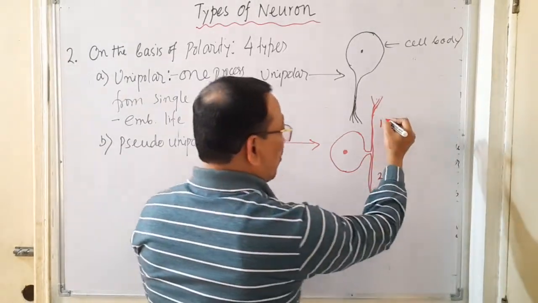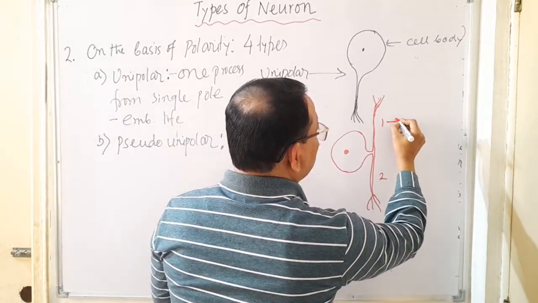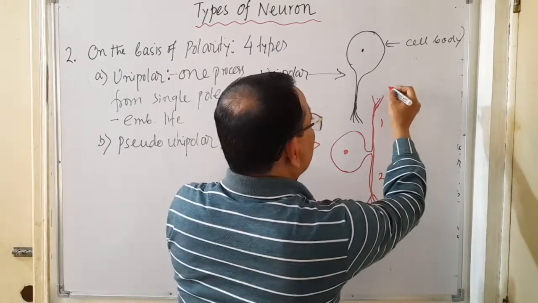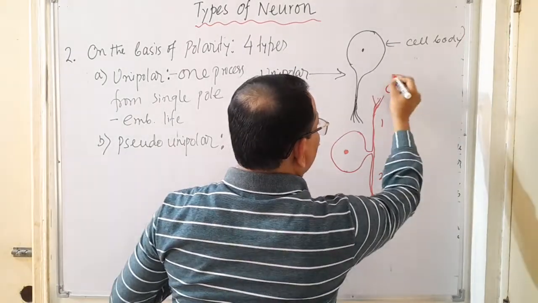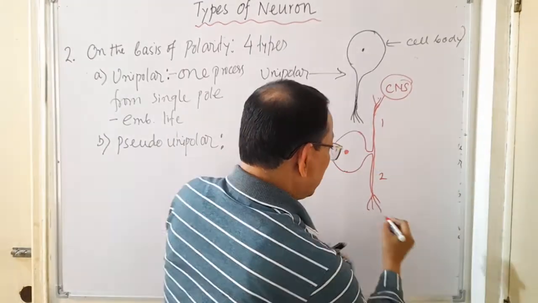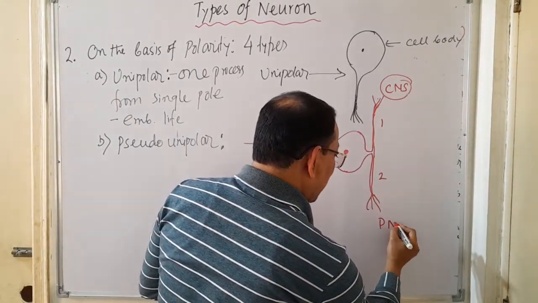Suppose the first branch goes to the central nervous system, and the second branch goes to the peripheral nervous system.